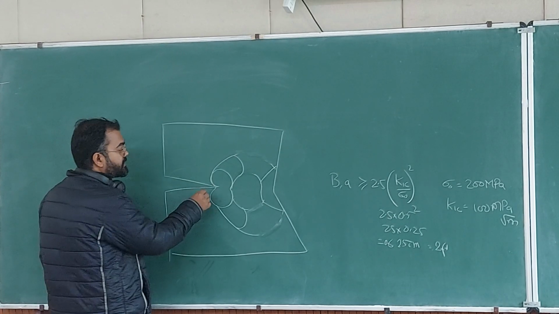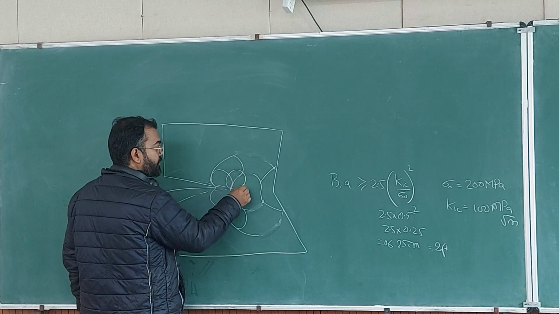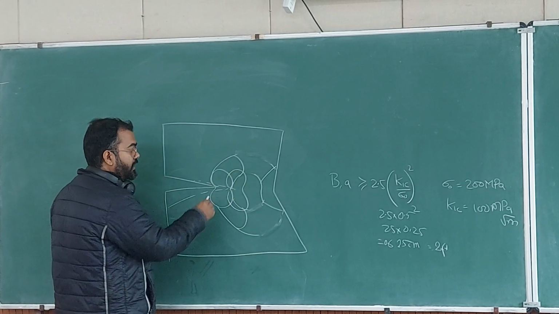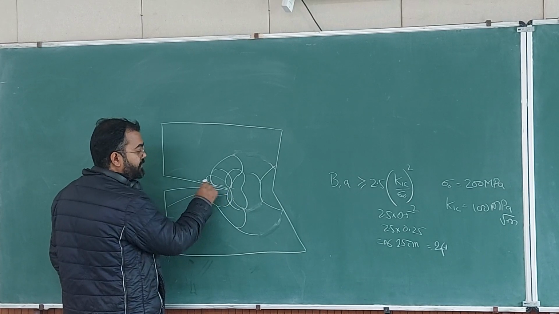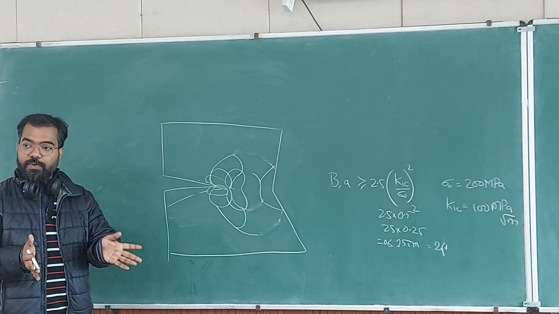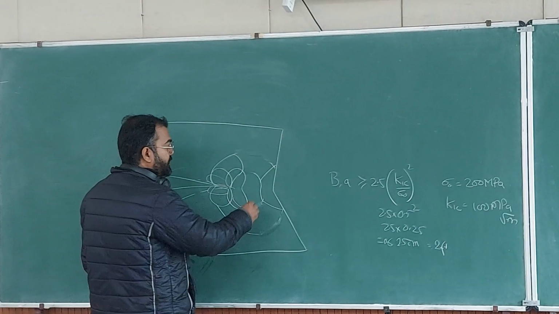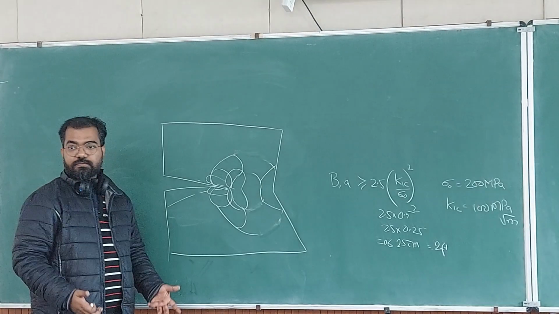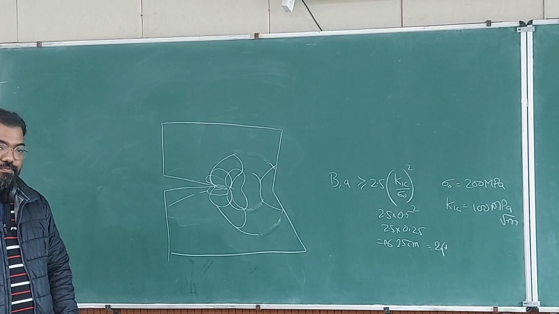So when crack is here and when crack is here, the plastic zone has moved, and you will have a plastic wake. So an area which is already deformed plastically has opened up, but it is deformed plastically. But this will not move, because it cannot move.